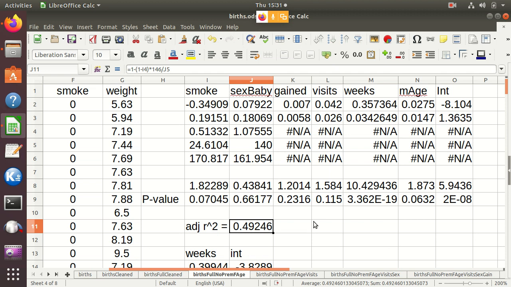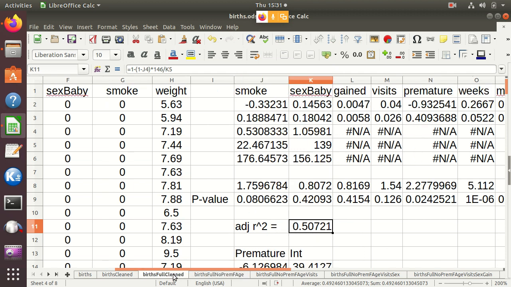But also notice what happened here. Before, if you look at the various p-values, premature, which we got rid of, was highly significant. 0.02, way under 0.05. Well, at least kind of far under 0.05, right?